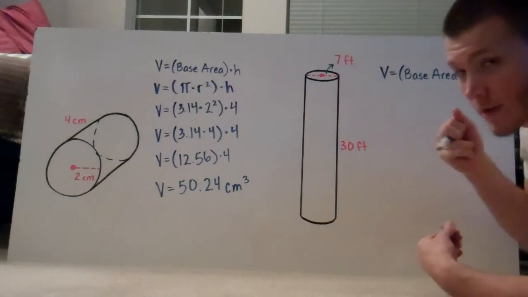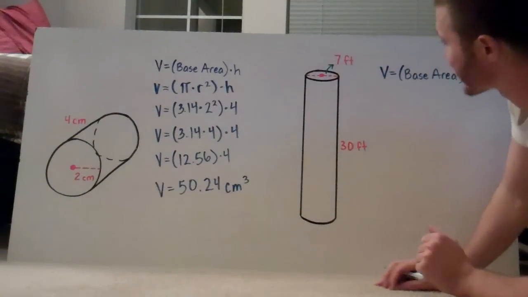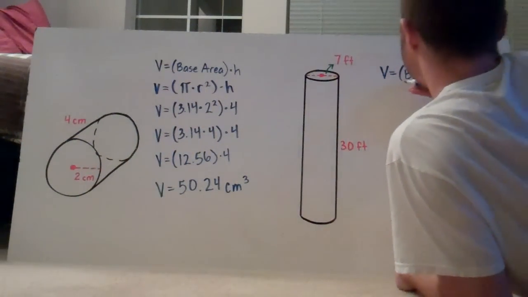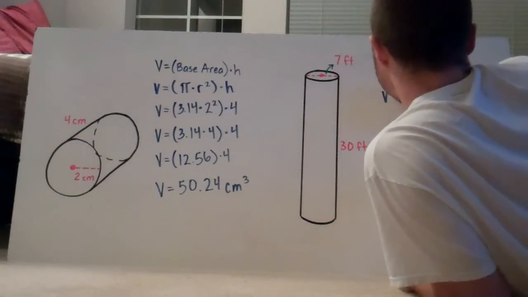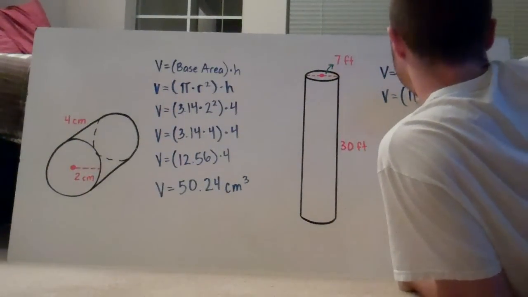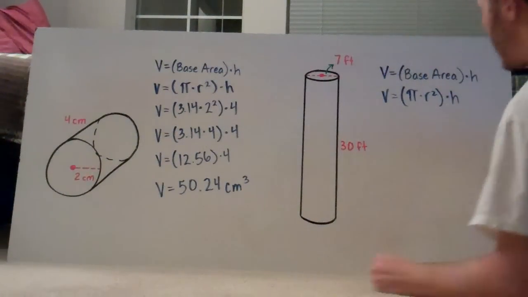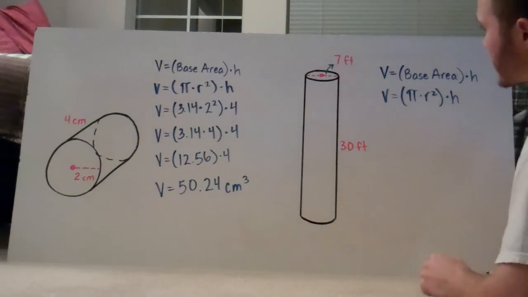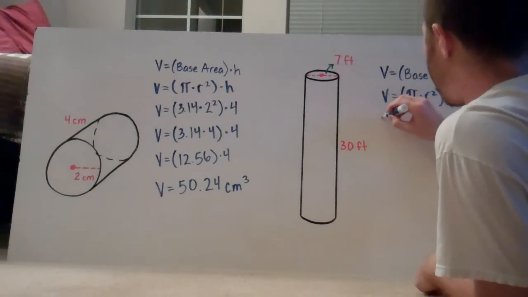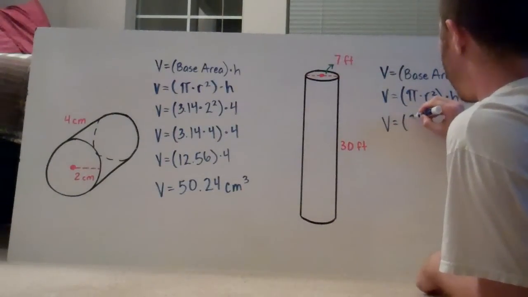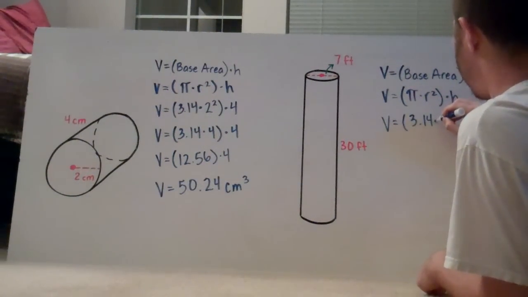This one, your answer was a lot larger. So base area. Again, you have to do pi times radius squared times the height. So I'm going to do 3.14 times the radius.